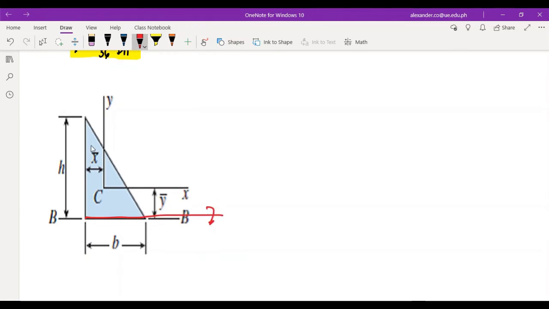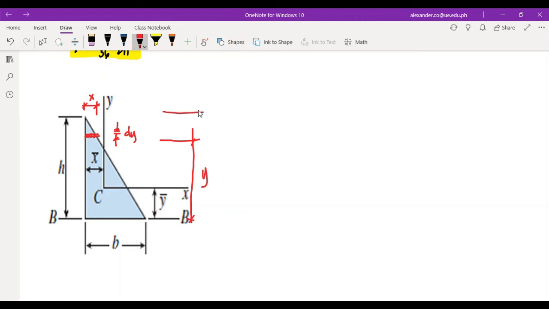Same concept, you still take the strip. The length will still be x, and the thickness will be dy. Now, your distance y is from here, this is now your y, from there all the way to the base.